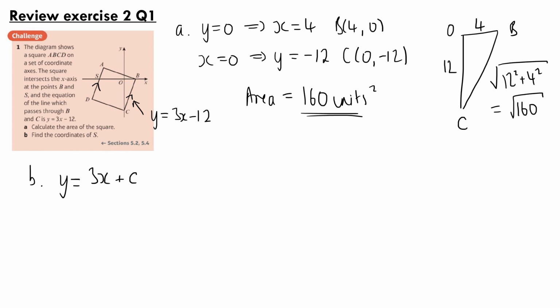Let's go for A. So to find the point A, we can think about the symmetry of a square. So if we think to go from C to B, we need to go 4 along to get to B, and then we need to go 12 up. So to get from B to A, we're going to have to go 12 along, and then 4 up.